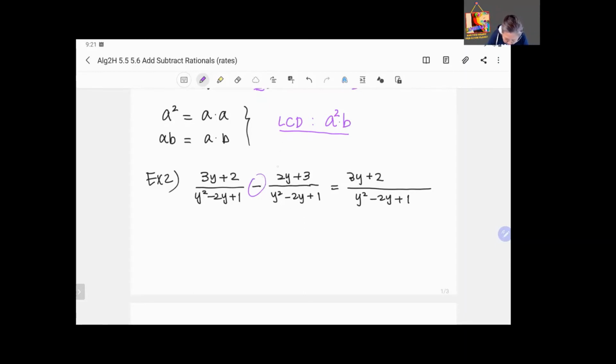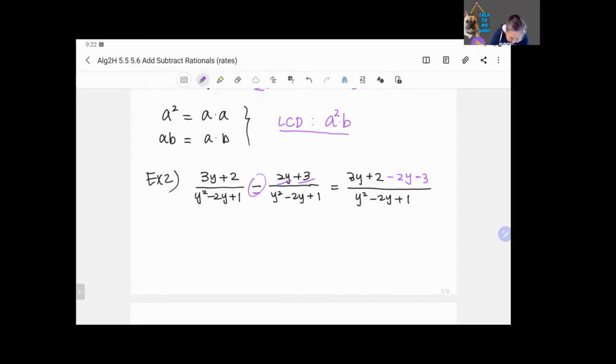This minus will make this one negative and 3 negative. So be careful with the minus, it's gonna be negative 2y and minus 3, right? This is the only difference between addition and subtraction if they both have the common denominator.